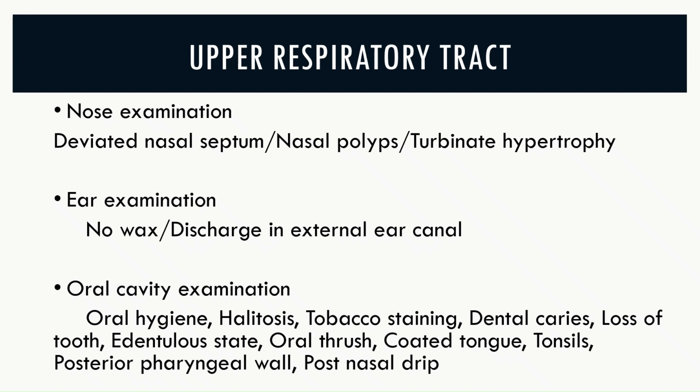Tongue should be inspected for coating. Tonsils and posterior pharyngeal wall should be examined, and presence of postnasal drip should be noted as it can contribute to chronic cough and throat irritation.